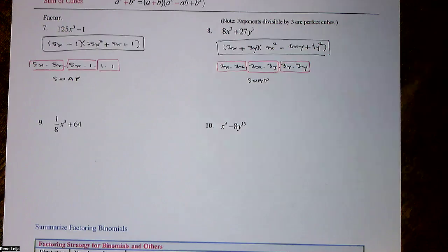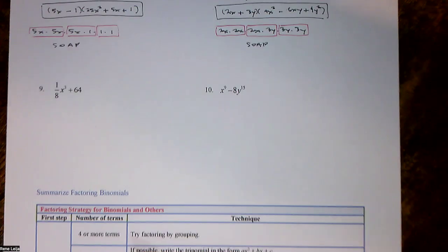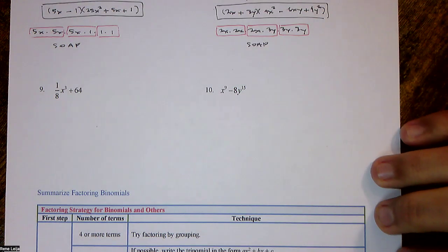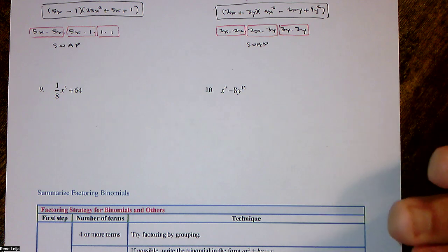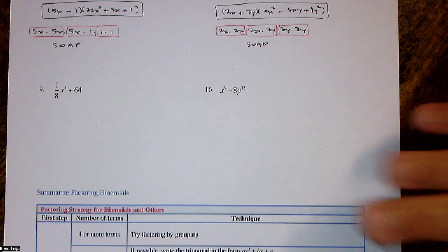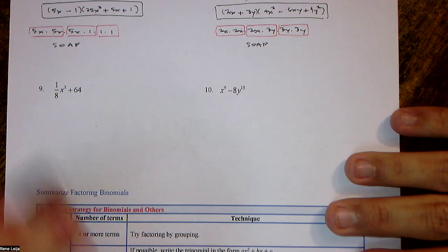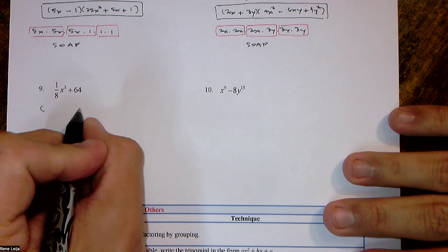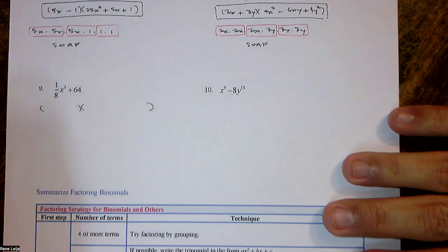Okay. All right. Now, number 9, same thing. Don't panic. So the way you multiply fractions is top times top times top over bottom times bottom times bottom. All right. So open up our binomial and trinomial.